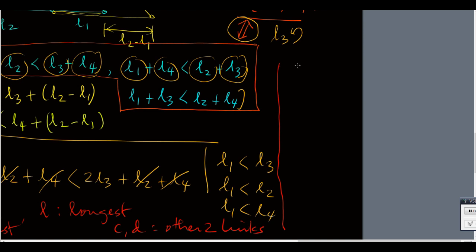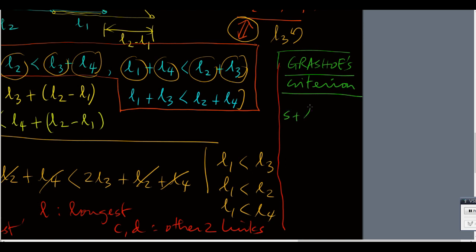Use green here to liven things up a bit. So, okay, the sum of the shortest plus the longest is less than the sum of the other two lengths. And this does not even require that the shortest and the longest are adjacent, right?